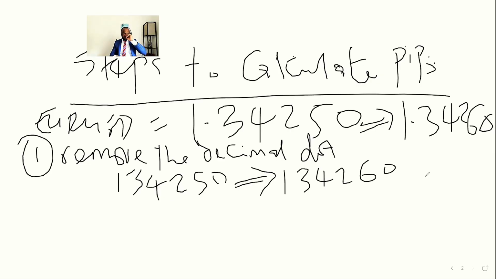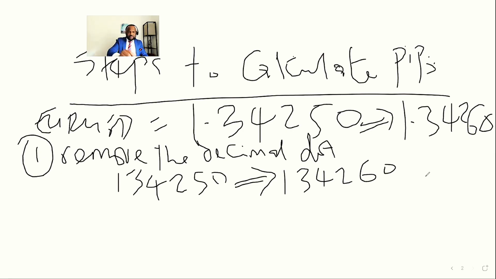Why are we doing that? Because if we punch the difference into the calculator, it will give us 0.0000 something, and then we'll get confused. We want to calculate it without the confusion a calculator will give us. So just write it again without putting the decimal dot inside.